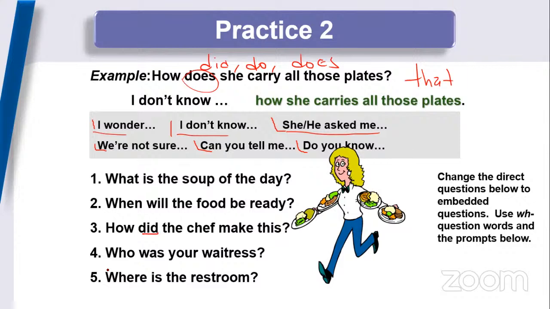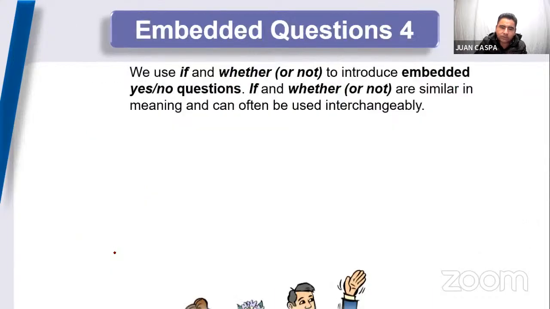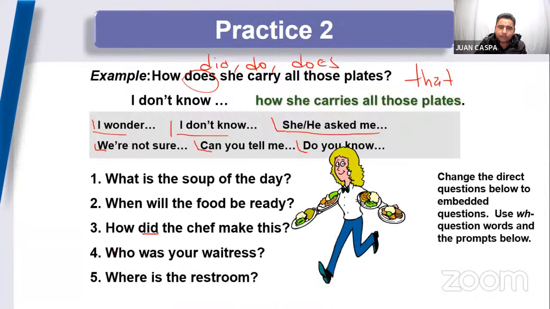Also, sometimes we use it like, can you tell me who your waitress was? In embedded questions, that's possible. Or if you want to use the other, it's okay also. Can you tell me who was your waitress? Or who your waitress was is also possible to use in that way.